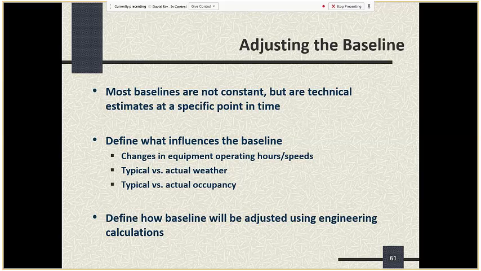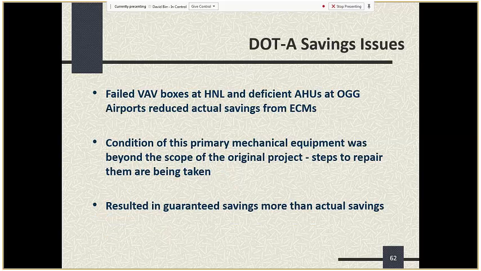That means you're going to get into a lot of option A or B or D methods to simulate, calculate and estimate the effects of various impacts on the meter, and those will have to be deducted in order to make a normalized comparison between the original baseline conditions, what was going on at the point in time in 2011 versus what was going on in 2015. Okay, let's go to the next slide, 62.